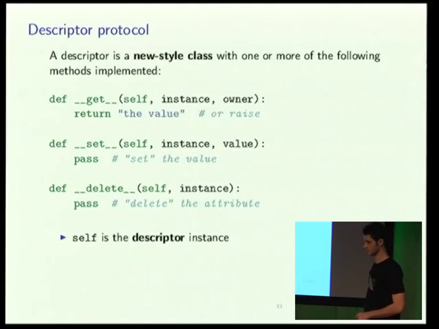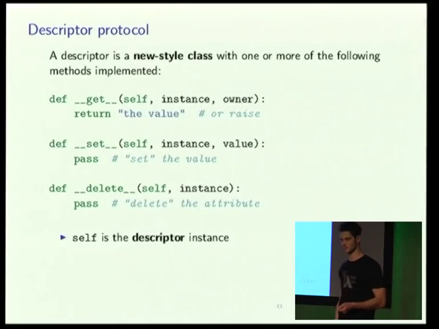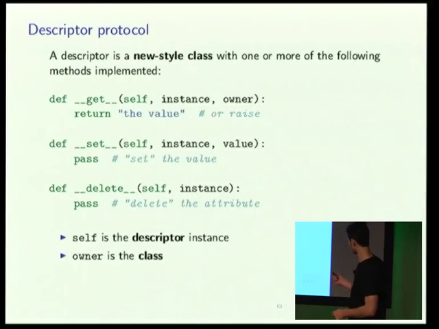So what's a descriptor? Well, there's a descriptor protocol, and it's these three methods. A descriptor is a new style class that implements one or more of these methods: __get__, __set__, and __delete__. Now, in these method signatures, self is the descriptor instance. So it's an instance of a class that has these methods. The owner argument here in __get__ is the class in which you are using descriptors.